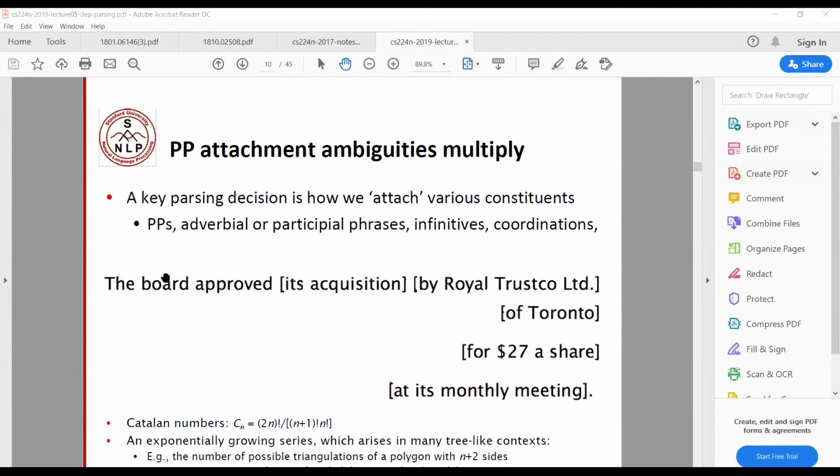Actually, in this sentence, the board approved its acquisition. I think that's the main part of the sentence, and the rest of these things are descriptions of the acquisition. So adverbial or participial phrases like that just add something to the sentence. Okay, I think we have a hazy understanding of what it is, and that's probably good enough.